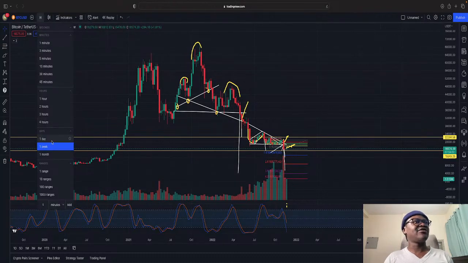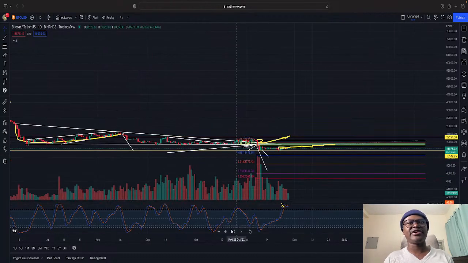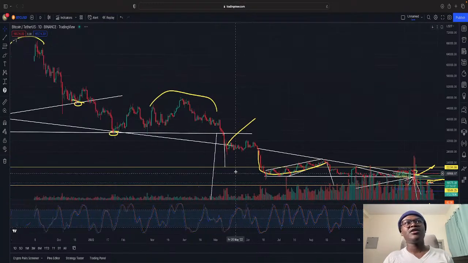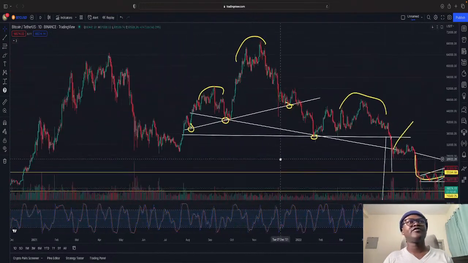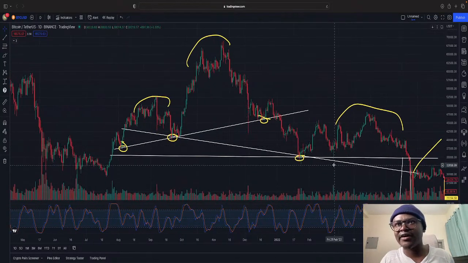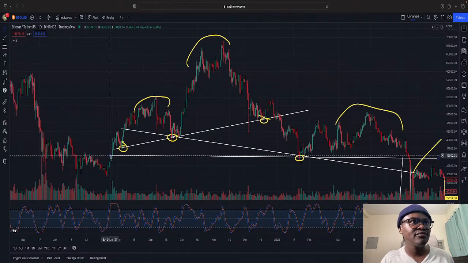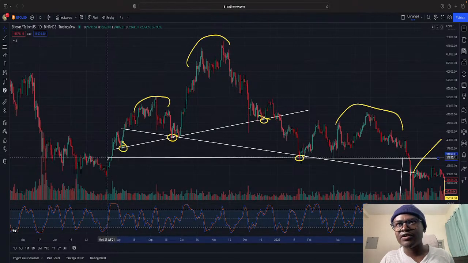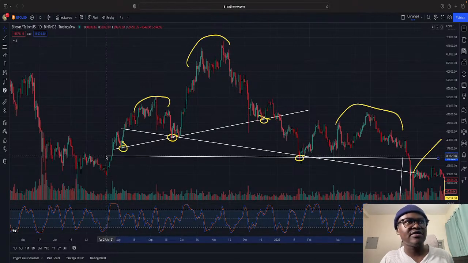If you put this here on the daily, let's put it on daily and put it correctly, because on the daily, if you draw that correctly, it should give you somewhere around 3K. Put it at the exact close here.